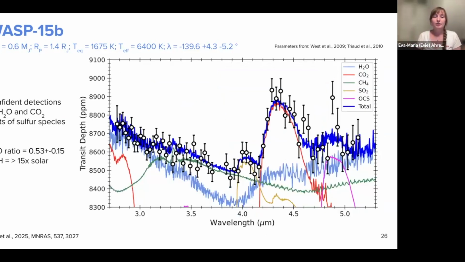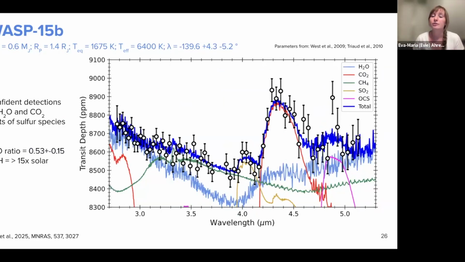And then this is the transmission spectrum that we've published. We found confident detection of water and CO2 and some hints of sulfur species as well. You see in the colors the contributions of the individual molecules and the total model in blue. There are some hints of SO2, which is not confidently detected, but a tentative detection.